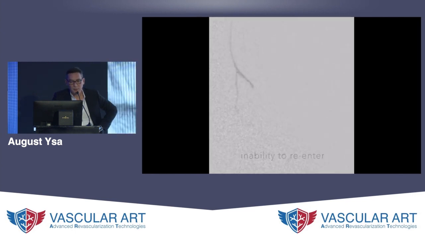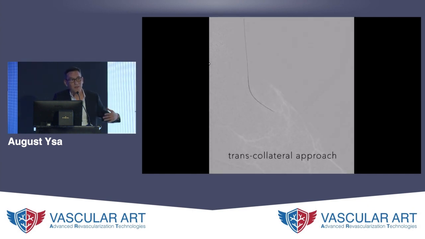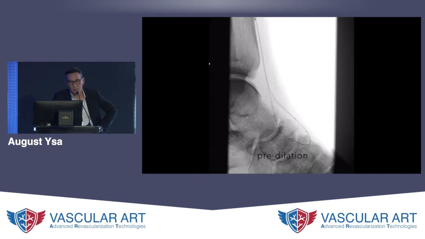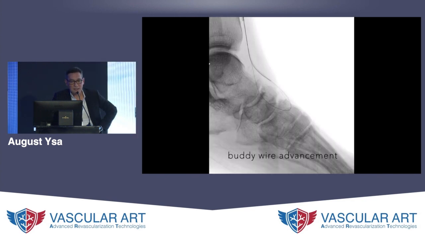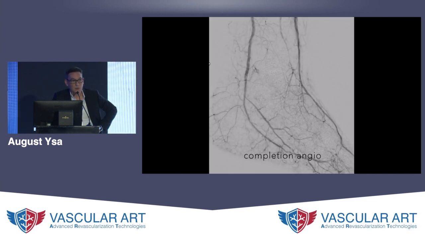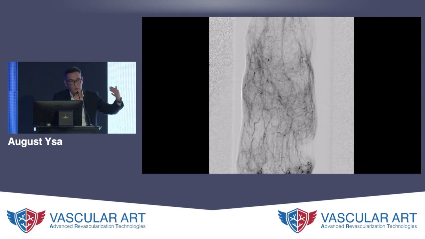So, subintimal recanalization of the anterior tibial, we were not able to re-enter, and we didn't want to spoil the re-entry. So we navigated through this collateral in a similar way to the previous case. As you can see, once we open the gate through this collateral, the navigation in an antegrade fashion is pretty easy. And once there, we were able just to perform a recanalization of all of the forefoot, dorsal and plantar system.